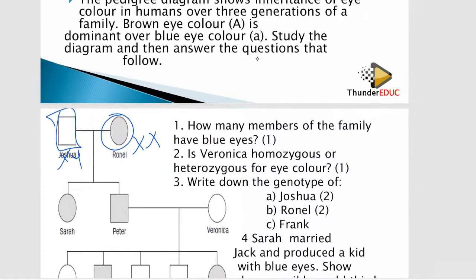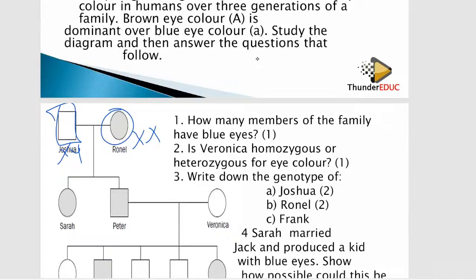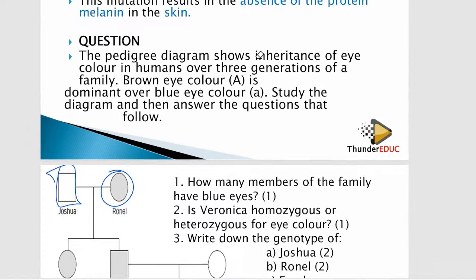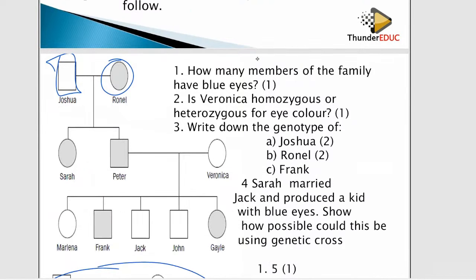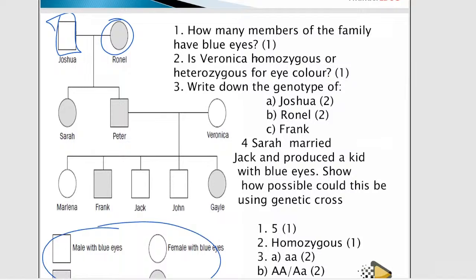They didn't mention that this is sex-linked, so you cannot use X and Y. So what are we supposed to use? They say brown is capital A, meaning that the recessive one is the blue eye. They have not mentioned anywhere that it is sex-linked.